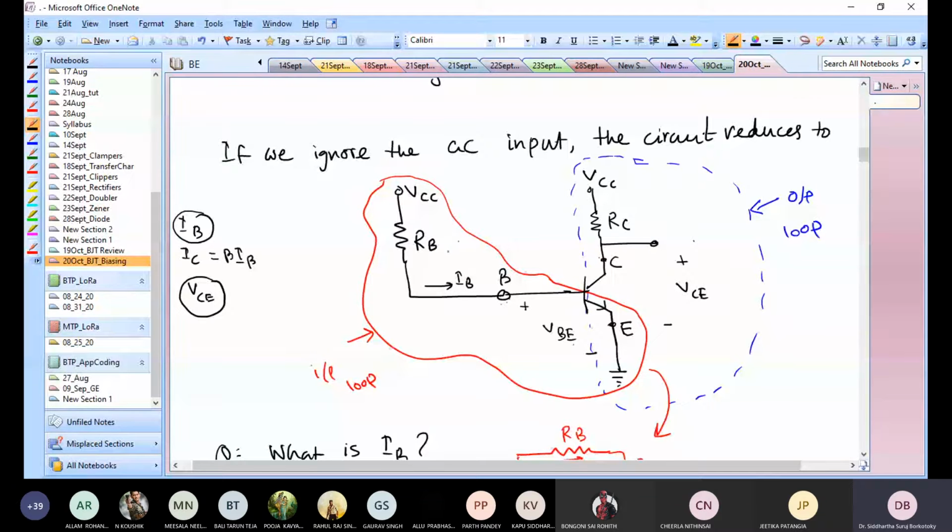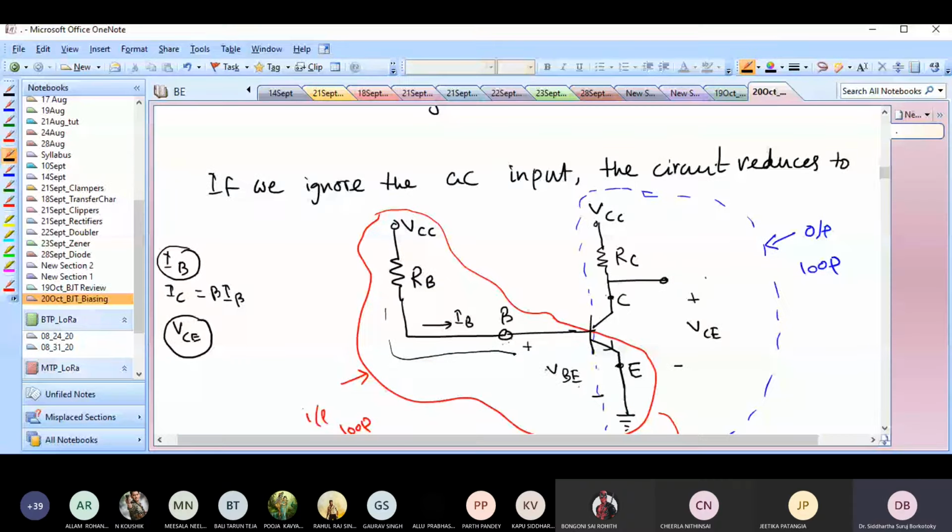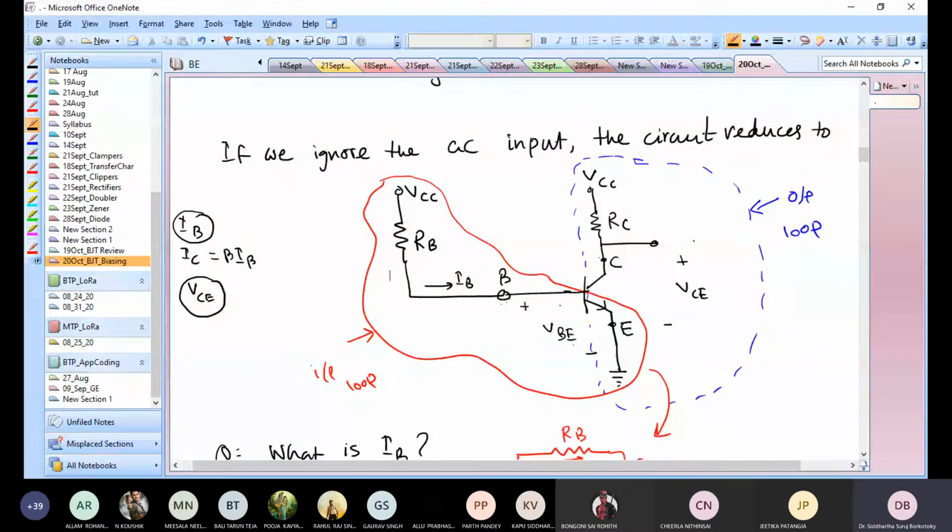But the benefit of writing this circuit in this manner is that I can now clearly see the input side and the output side. What is the input side? Input side is this VCC followed by RB, then this B terminal. Then I have a voltage drop of VBE, which is the base to emitter voltage drop, and then finally ground.